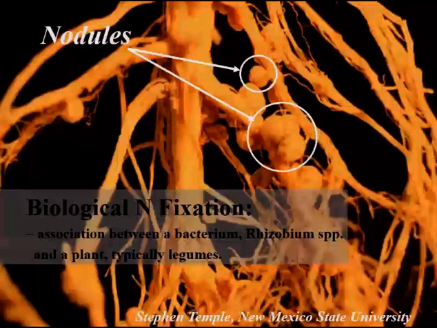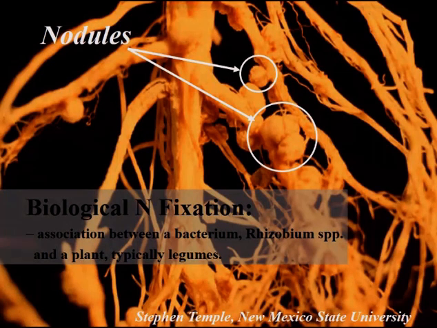Okay, nodules. The next chance you get, I want you to go out and find an alfalfa field and, with a shovel, dig up the alfalfa and shake off the roots really well. What you should be able to find are these nodules.